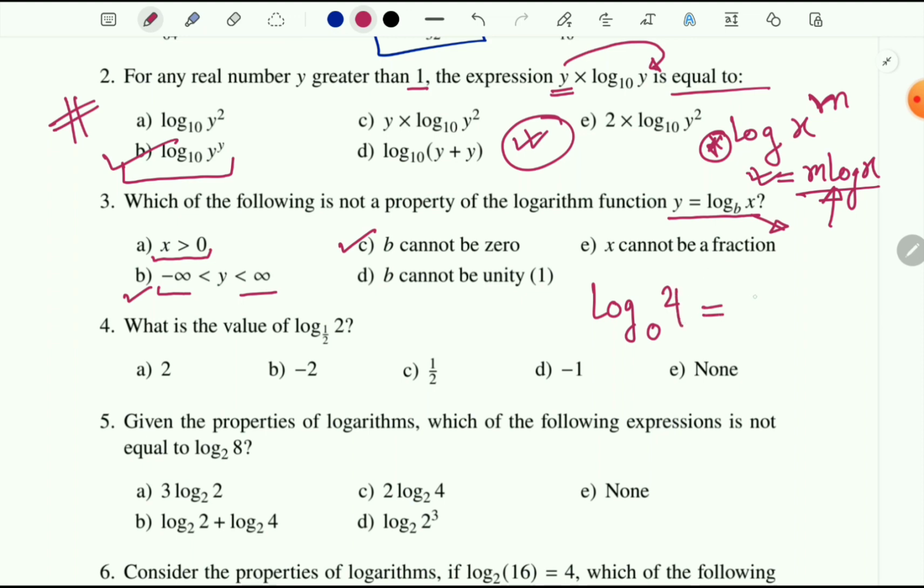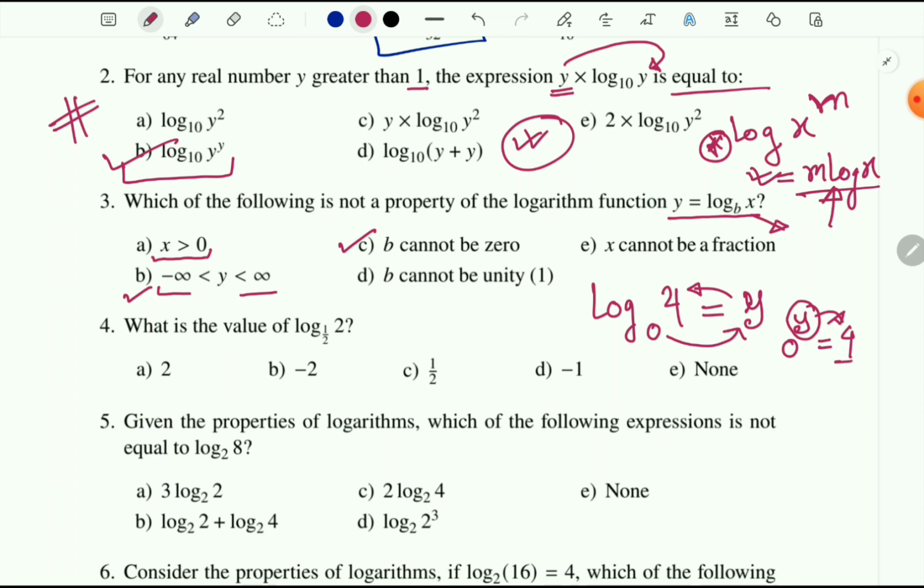From the properties of logarithm, 0 to the power y, we need to find 4. We can write this equation this way: for what value of y will we get 4? It's not possible. Whatever the value of y, we will never get 4. That is why the base can't be 0.